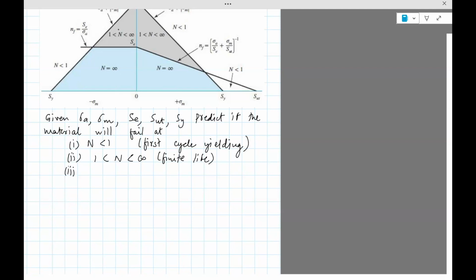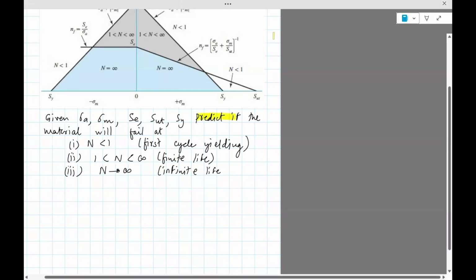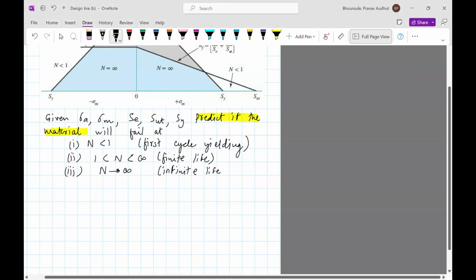And the third option is it would never fail, n goes to infinity, that is infinite life. So our goal here is to predict which of these behaviors the material will show.